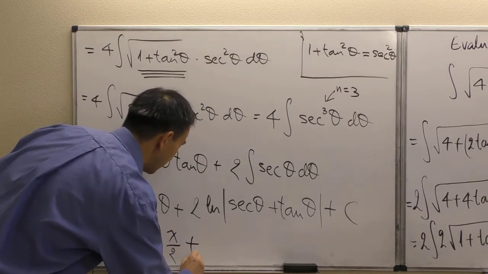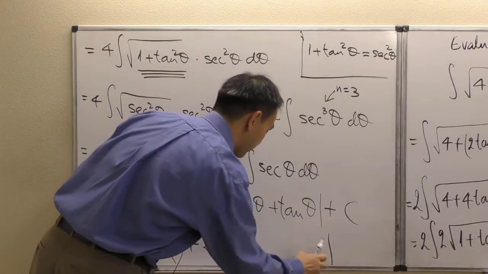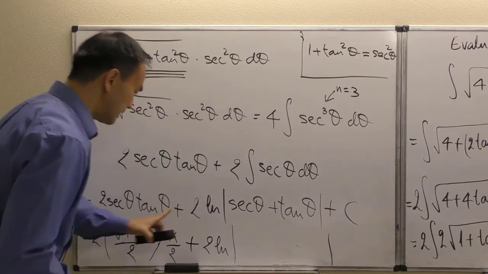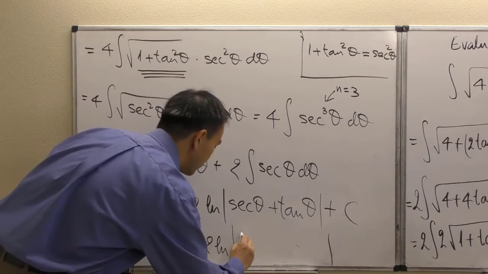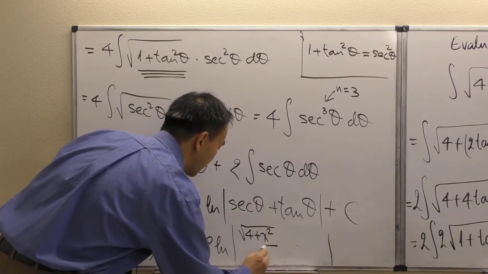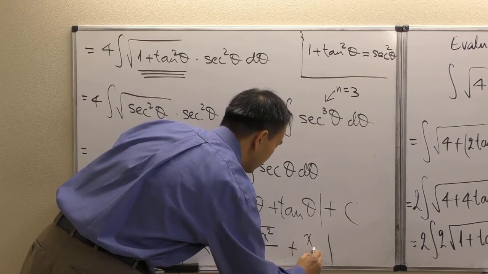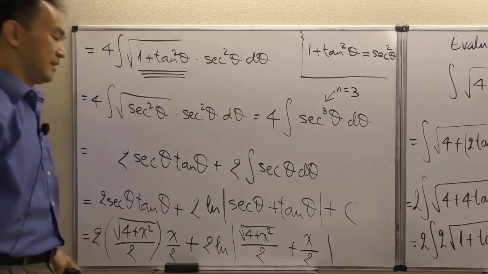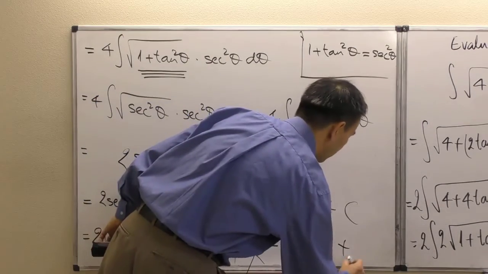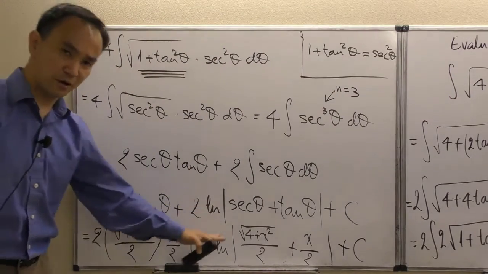And now I'm going to add 2 times natural log, and then again secant of theta, the square root of 4 plus x squared over 2, plus x over 2, and plus c. All right, at this point we're almost done.